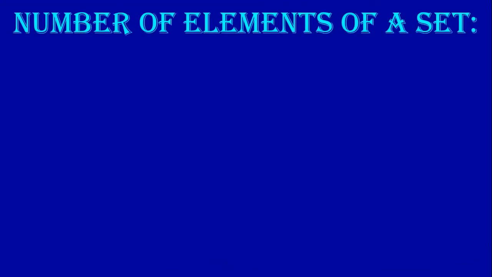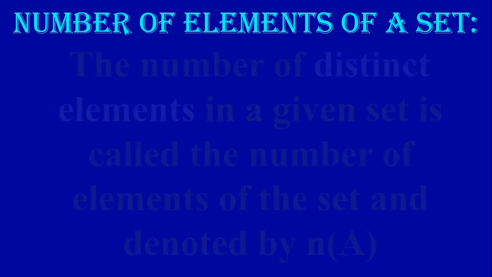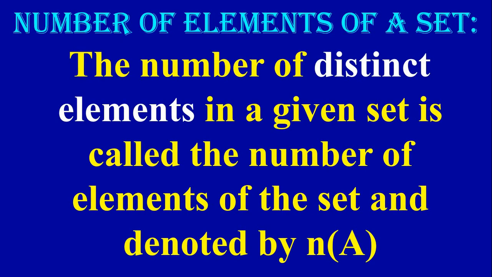So next, number of elements of a set. Now we see what is meant by the number of elements of a set. The number of distinct elements, important, the number of distinct elements in a given set is called the number of elements of a set, and it is denoted by n(A). Distinct means in sets elements may be repeated, and repeated elements we should not count.